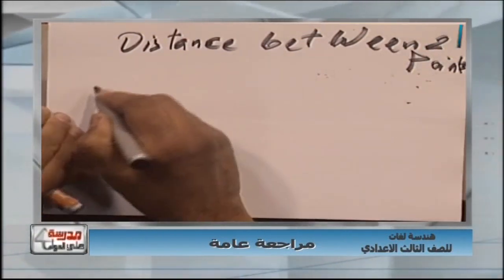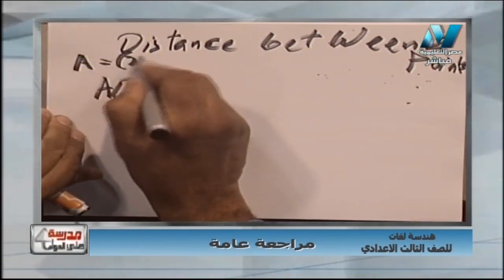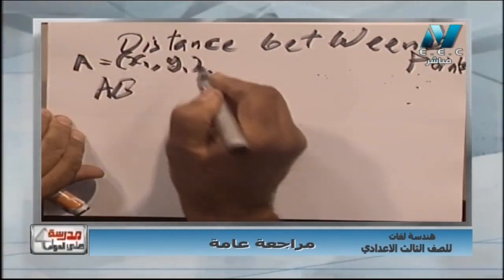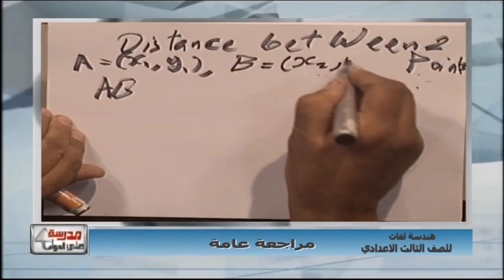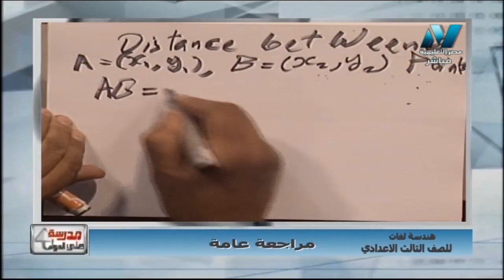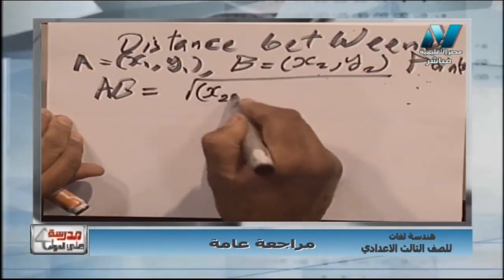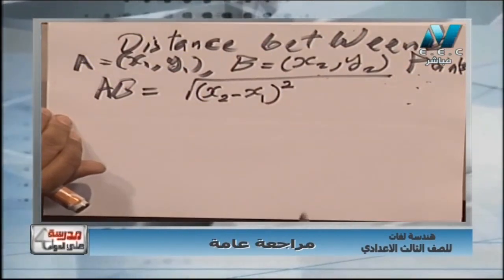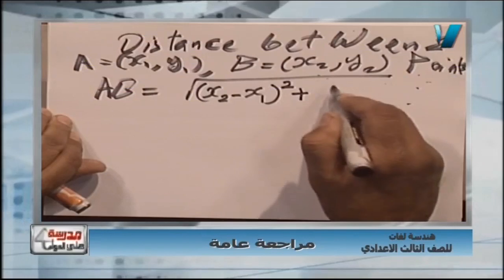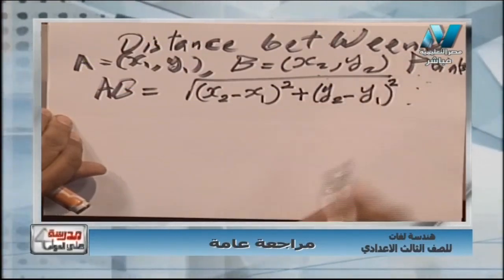We know the rule for AB: if A equals (x1, y1) and B equals (x2, y2), the length of AB means the square root of the difference (x2 minus x1) to the power 2, plus (y2 minus y1) all to the power 2.